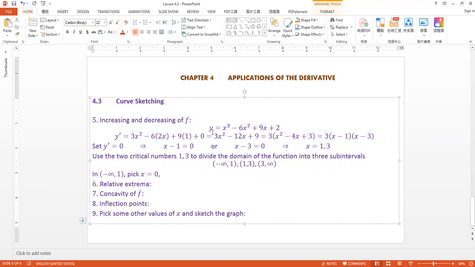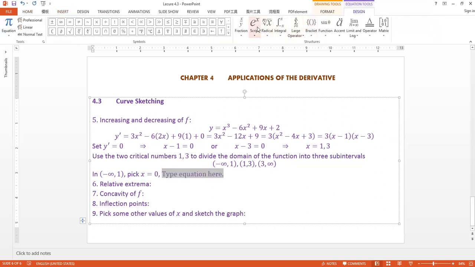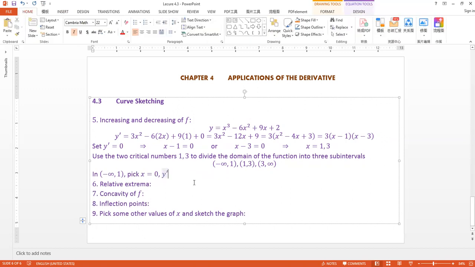Then you just plug into the derivative of the function. So y prime is equal to 3 times x minus 1 times x minus 3. We already did that. So plug in 0 for x. See what we get.